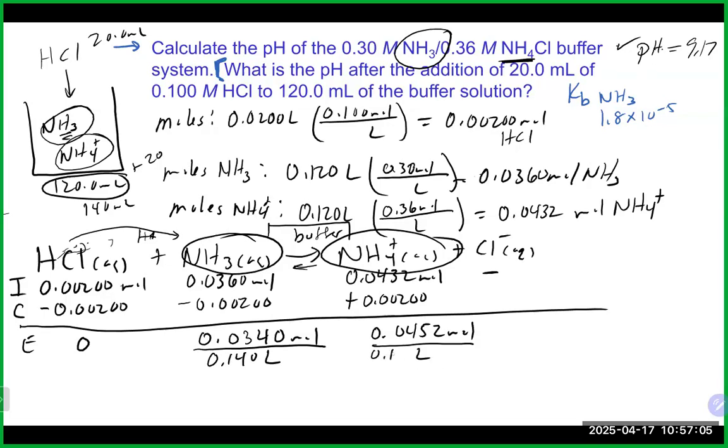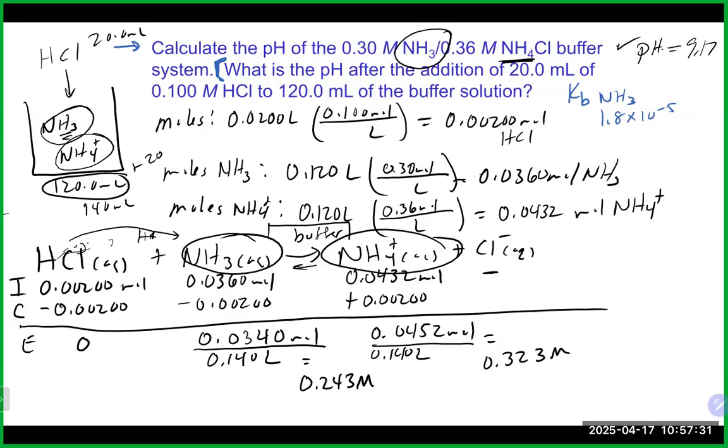That gets us 0.243 molar, and 0.0452 divided by 0.140 is 0.323 molar.